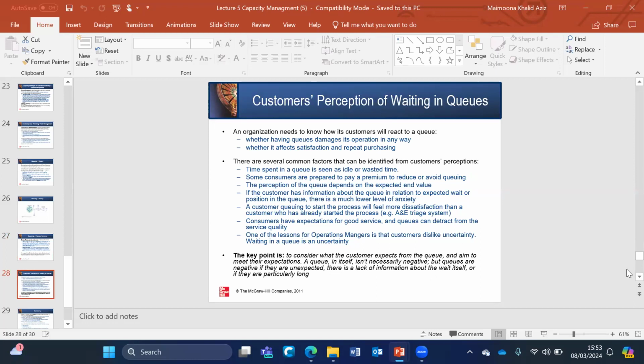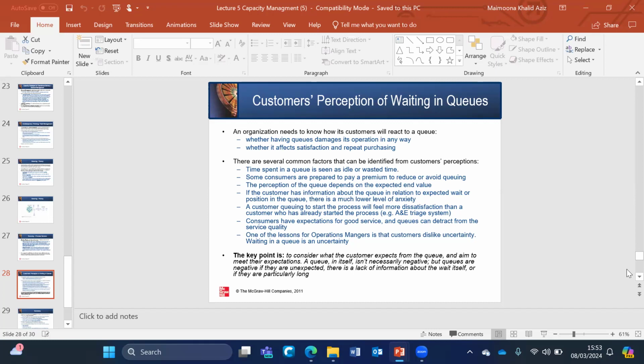Then customers' perception of waiting in queues. It depends whether the customers feel like your product is worth the wait. If they feel like you provide them enough value for them to value your product and to feel like it's worth it, then they won't be inconvenienced by the queue.